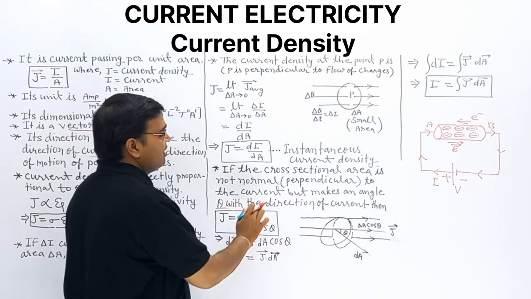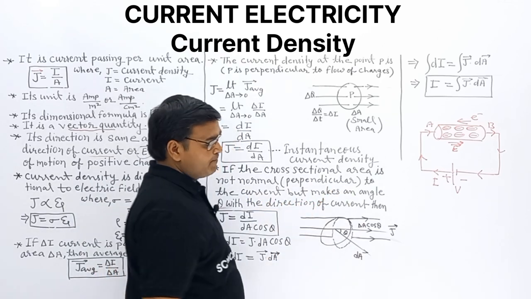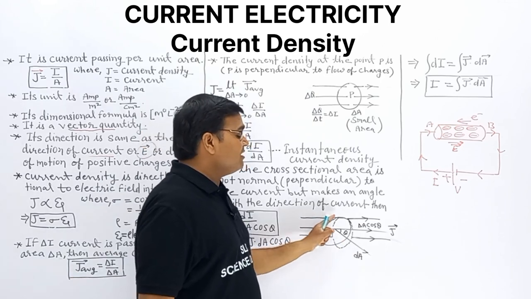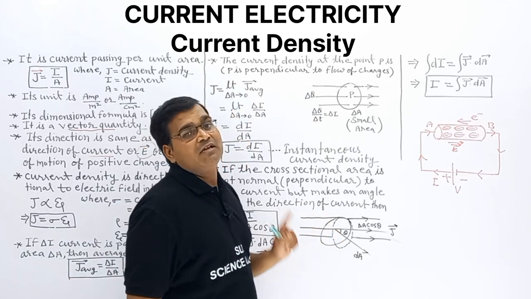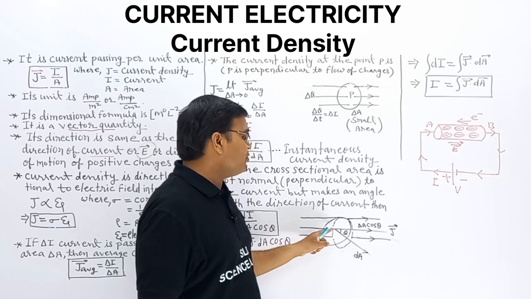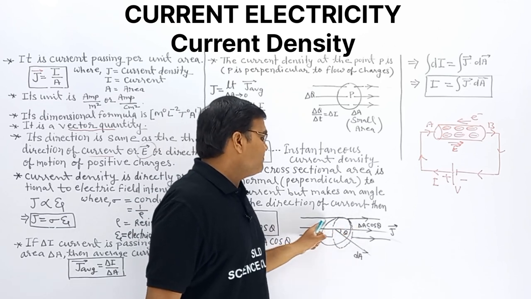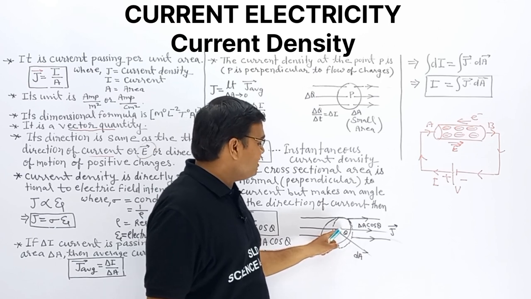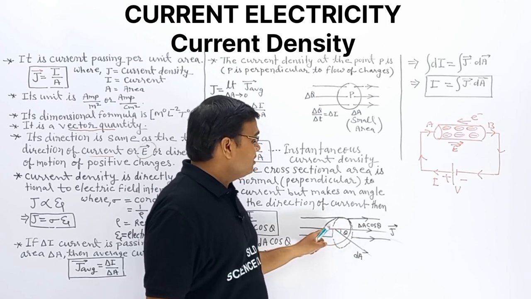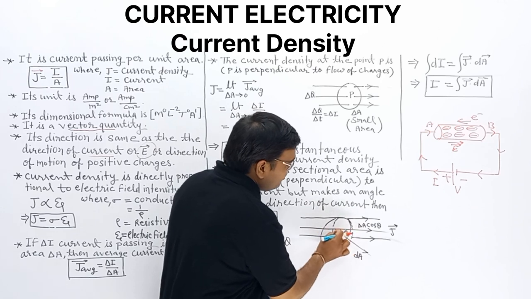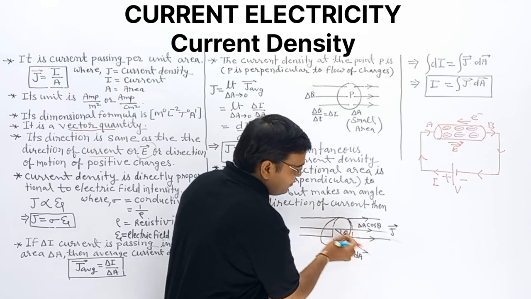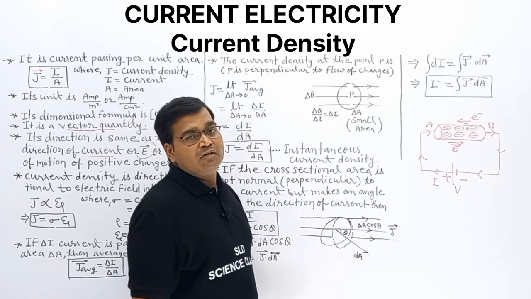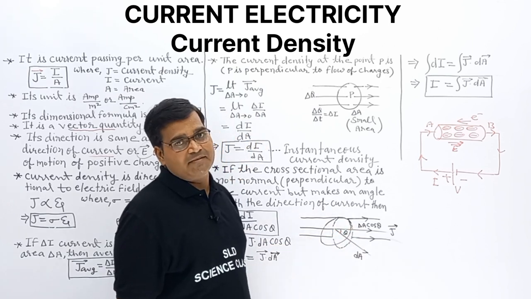What angle theta? The area makes the angle theta with the direction of the current. Current and current density both have the same direction, so the perpendicular line at the center point of the surface makes angle theta with the current direction.